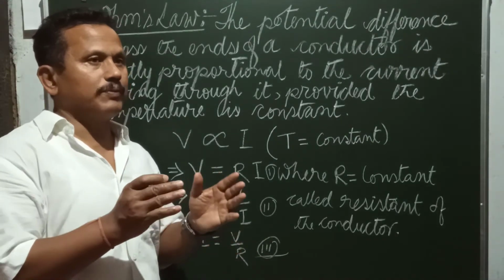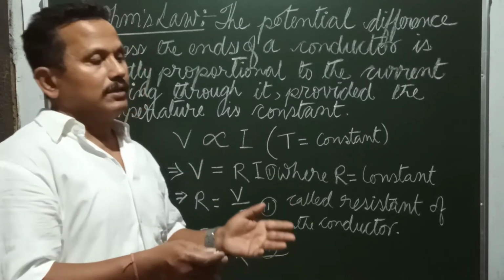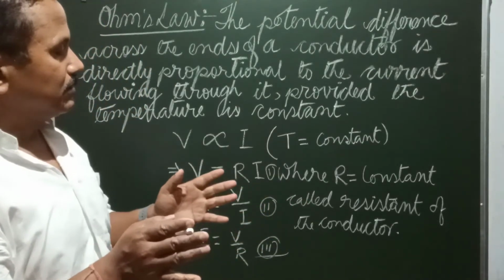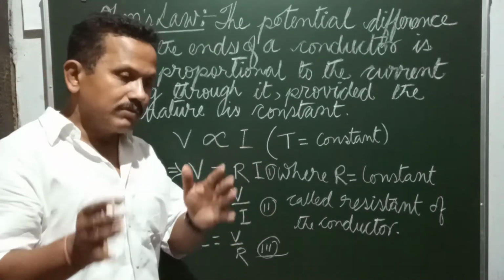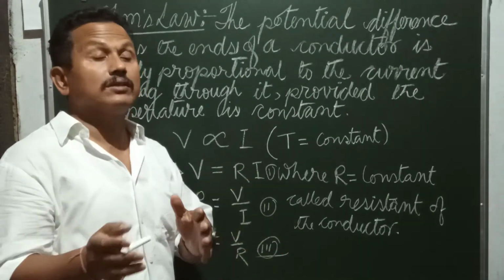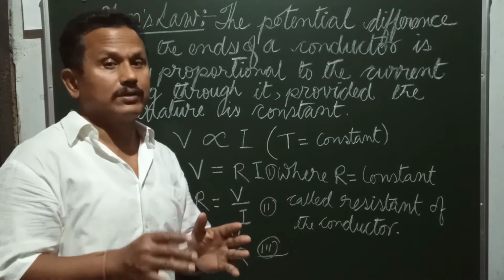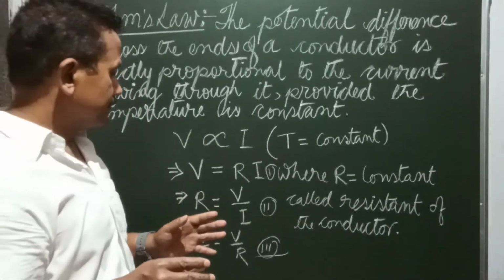Resistance of a conductor varies from conductor to conductor depending upon the metals of the conductor. The material in the conductor determines the resistance. So, different conductors are made up of different materials, and for different conductors, the resistance value is different. But for a particular conductor, it is always a constant.